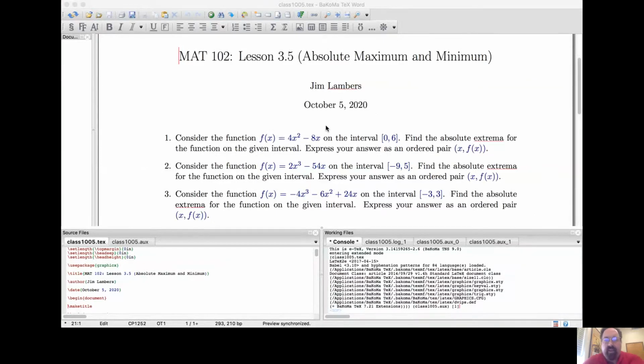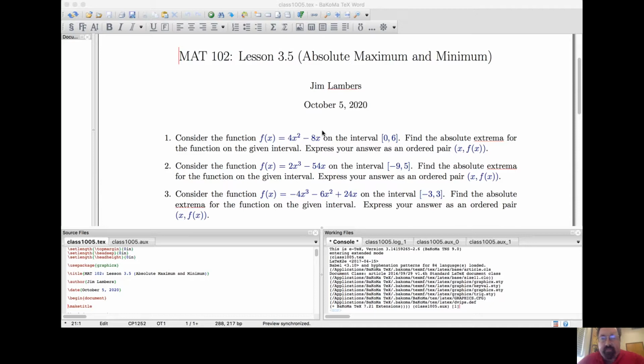Okay. Now, previously, you've been using the derivative to find local minima and maxima of functions. So in that case, you're taking the derivative, setting it equal to 0, and classifying the critical point that you find as either a maximum, minimum, or neither, and also finding out where a function is increasing or decreasing.